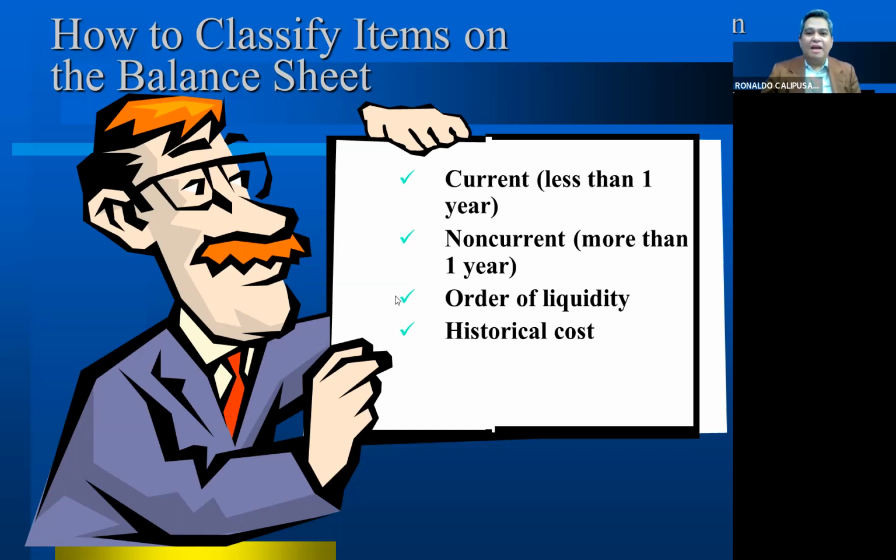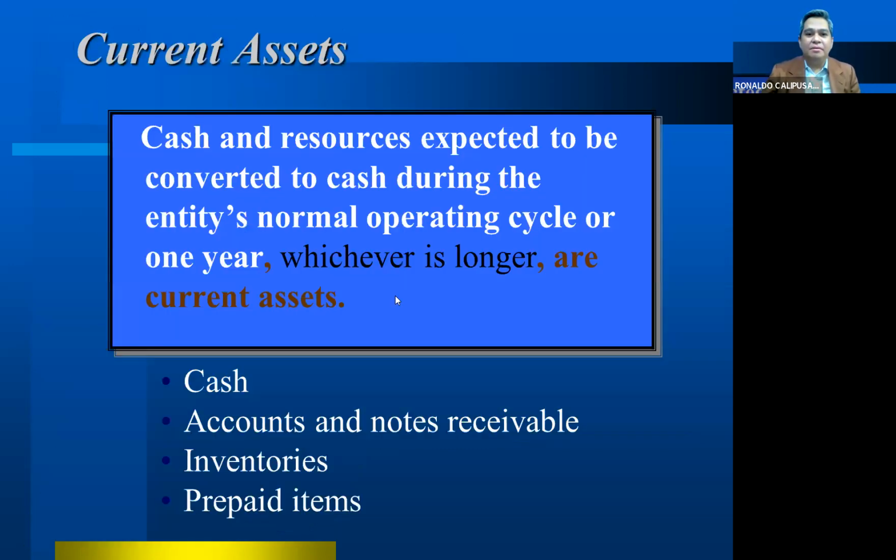Okay, so these are some of the examples. Now I just like to highlight this, the normal operating cycle. You probably thought about this. Why 1 year? Because normally that's the normal operating cycle.